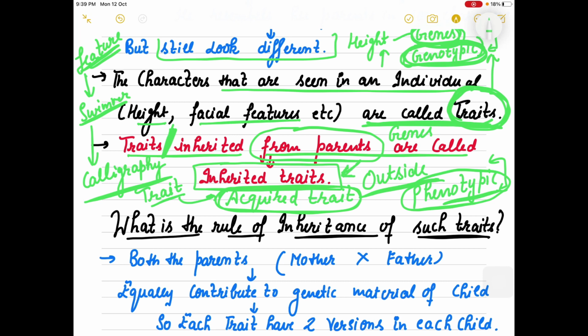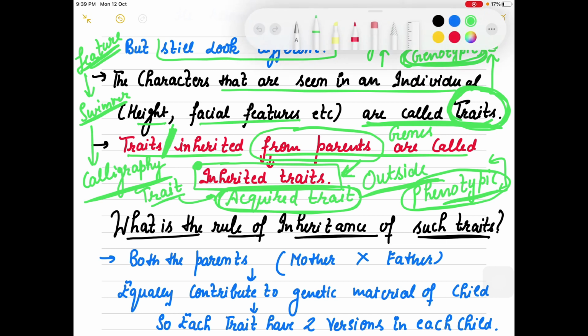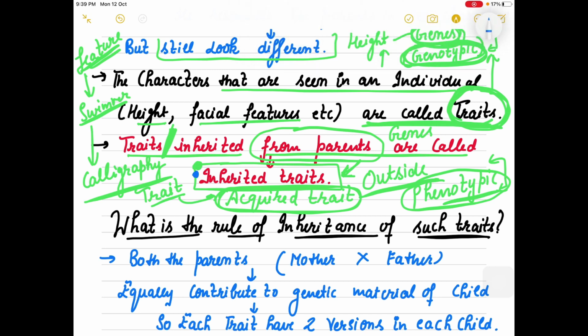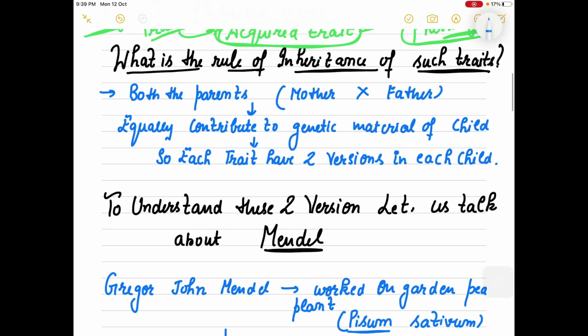It can come from the parents, and if it is coming through the parent, such as your height, your hair color, your eye color, your skin color, your chin shape, your nose shape, your ear shape, then we will call them inherited traits. Now, what is the rule of inheritance of such traits?